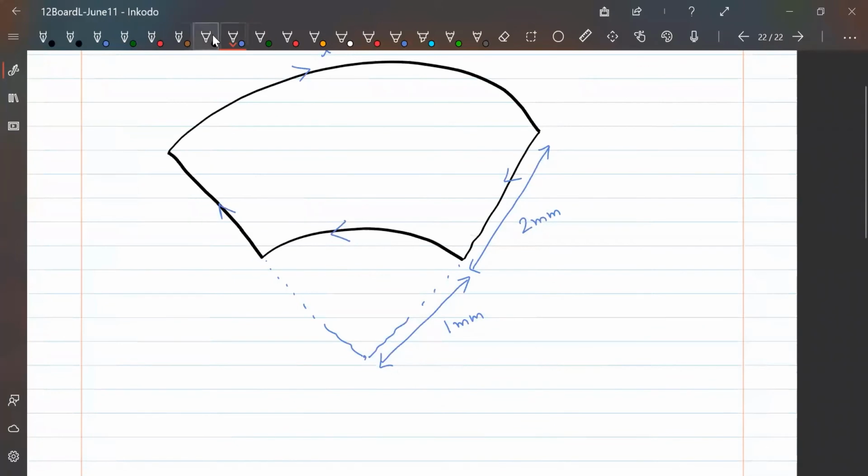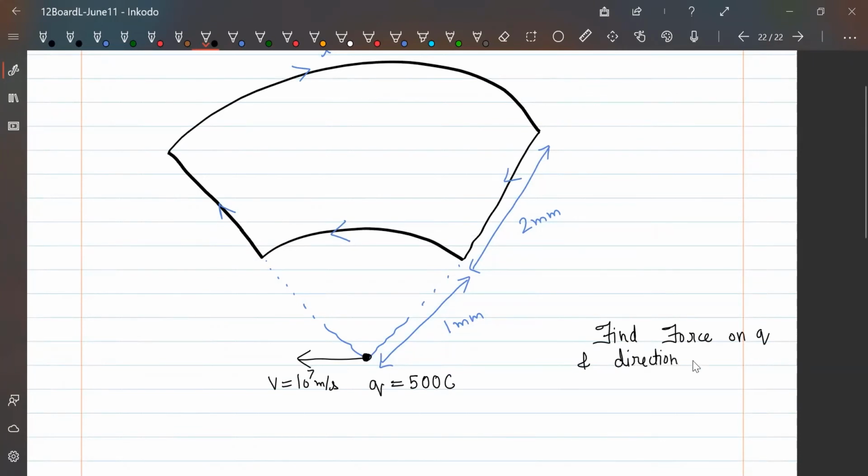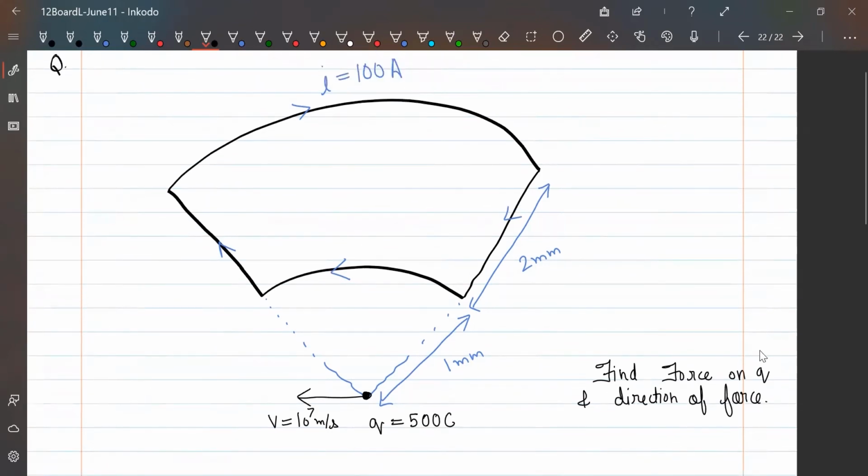You have to find, if a charged particle here, just at this instant, has a velocity of 10 raised to 7 meter per second, and the value of charge on this particle is 500 coulomb, then find force on Q and its direction. Also, it is given that this angle is 120 degree.